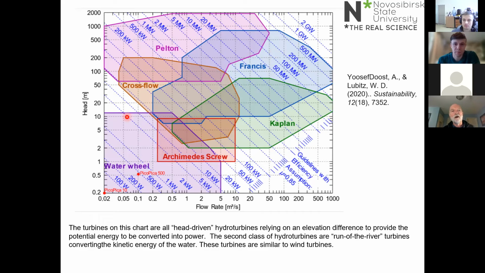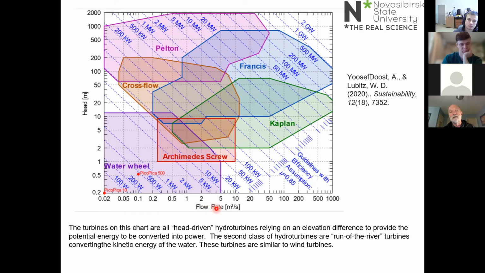The advantage of a chart like this is that it gives you a very easy way of knowing what you should be looking for if you have a turbine project. Because if you are setting up a turbine project, then the resource assessment that you would do would identify the head that's available and the flow rate that's available.